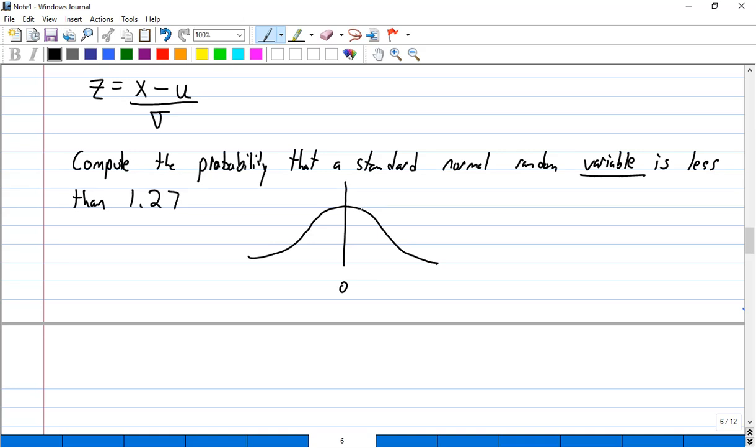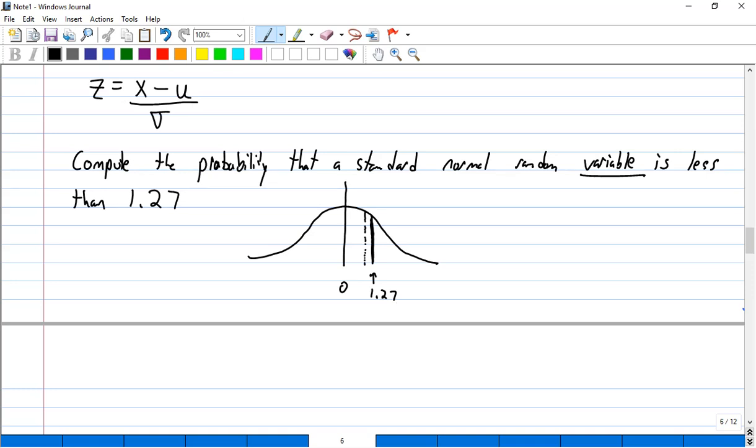So where would that be? Well, if I had to guess, and all this is just guesstimation drawing, one standard deviation is probably about this far. So 1.27 would probably be just a little bit more. So I'm going to guess that 1.27 will be just right around there.